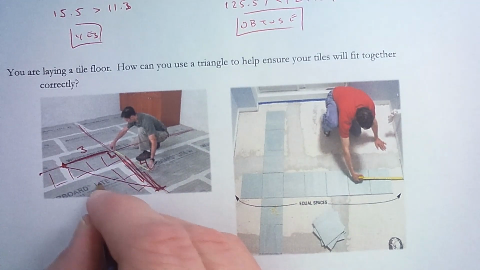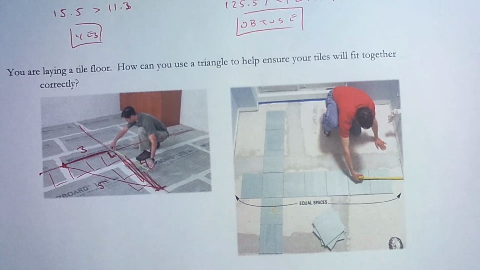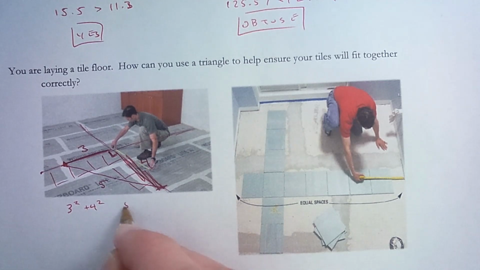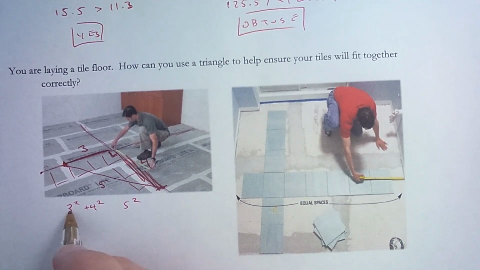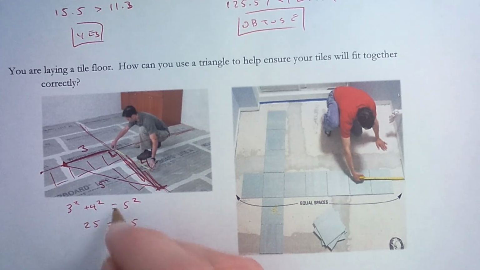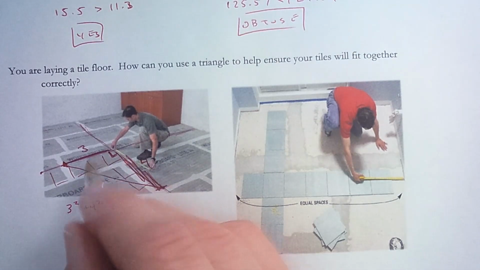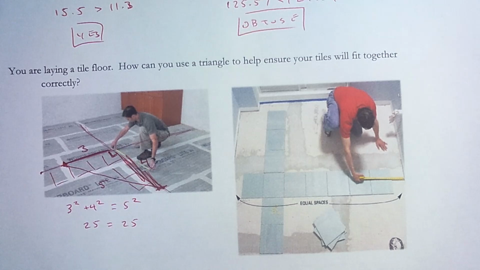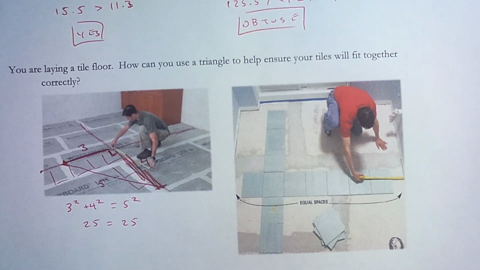And if this is anything other than 5, then you do not have a right angle, because 3 squared plus 4 squared compared to 5 squared, that's 9 plus 16, that's 25. 5 squared is 25. These are equal, which means you would have a right triangle here. Okay, you absolutely positively must have a right triangle.